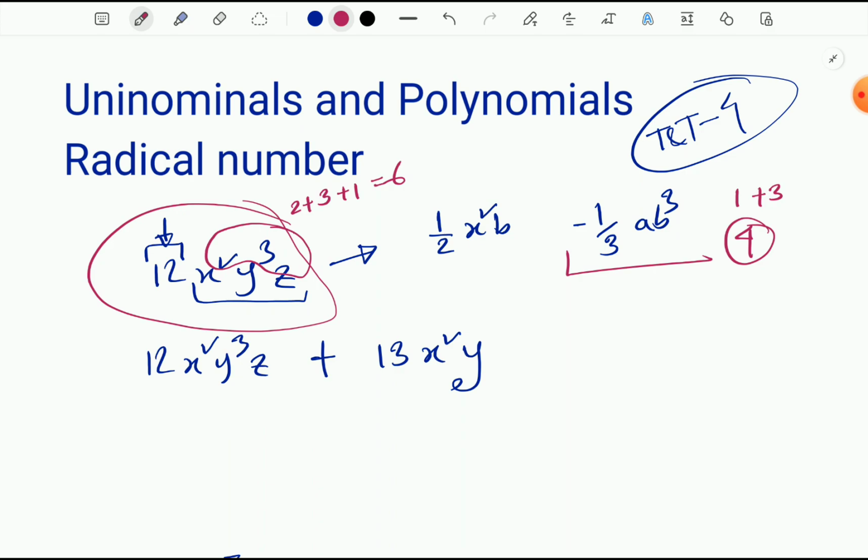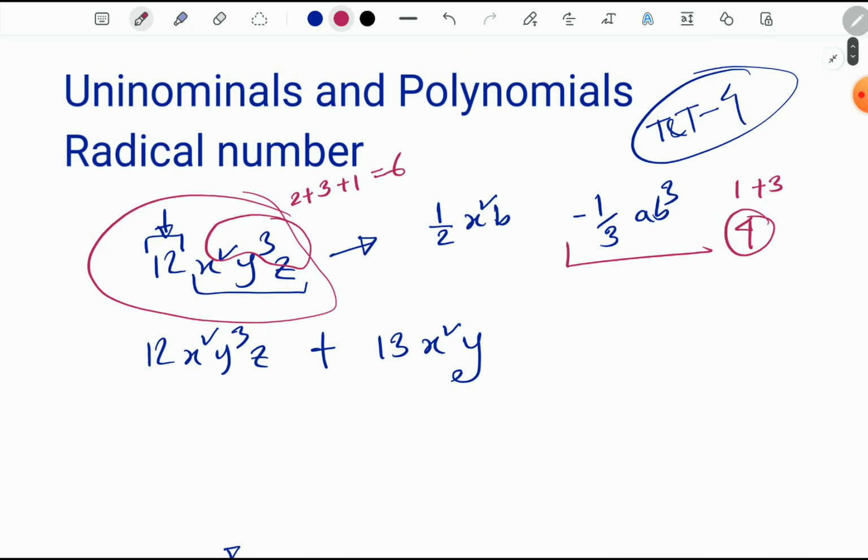Now, if we would like to find the degree of the polynomial 12x square y cube z, 13x square y, what would be the degree of this polynomial? Remember, to find the degree of a polynomial, we have to find the degree of all monomials inside it.